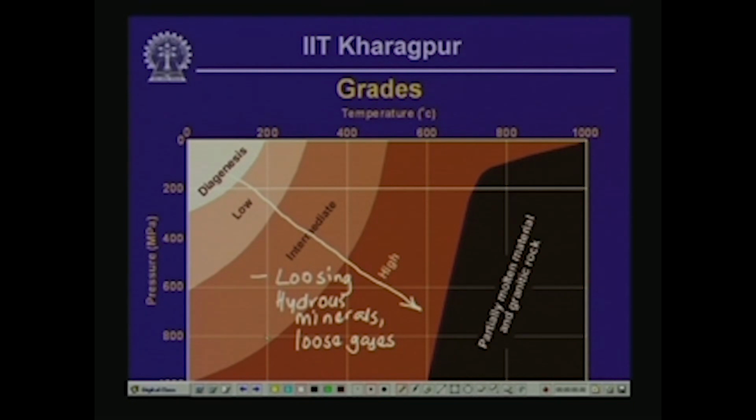So, these are the two major features of these processes.